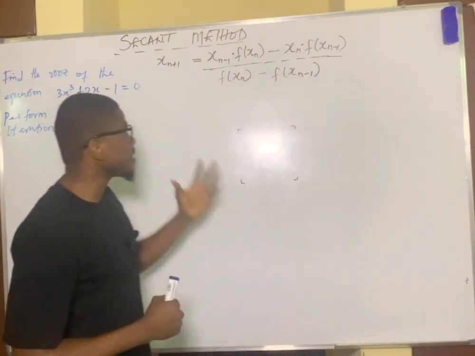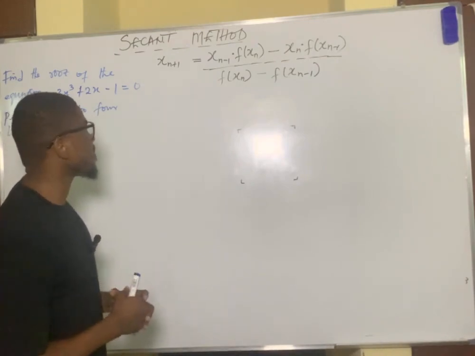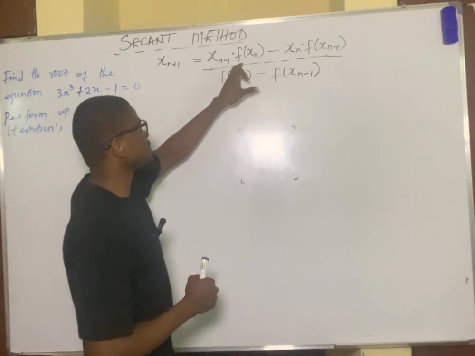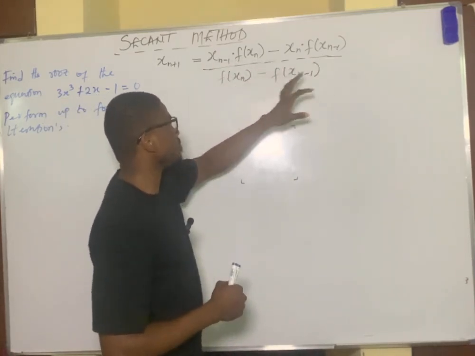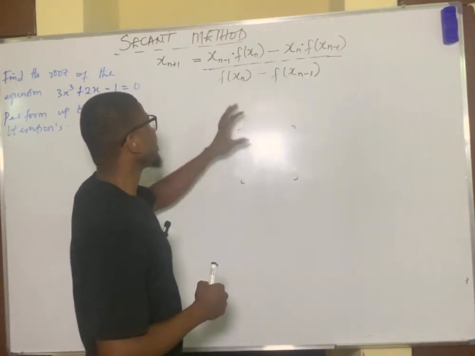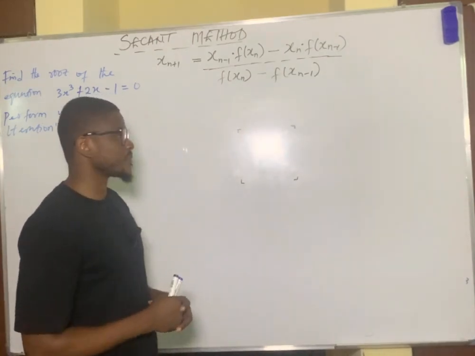Now the formula, which you have on the board, is given as x(n+1) equals x(n-1) multiplies f of x(n), minus x(n) multiplies f of x(n-1), all divided by f of x(n) minus f of x(n-1).